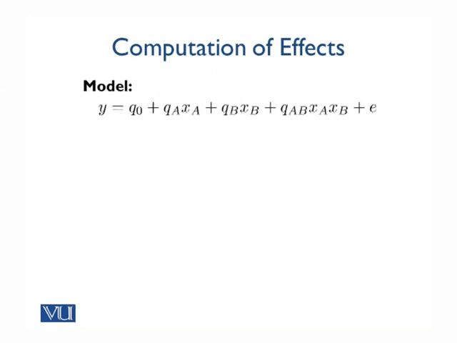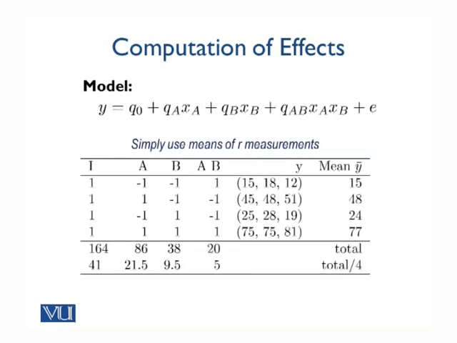You can see on the slide now a table in which again you have 2 levels and 2 factors, and for every combination setting you're also taking 3 replications. So that is the 3 numbers within parenthesis under the Y column. This is the usual sign table that we created for the 2 raised to 2 design.